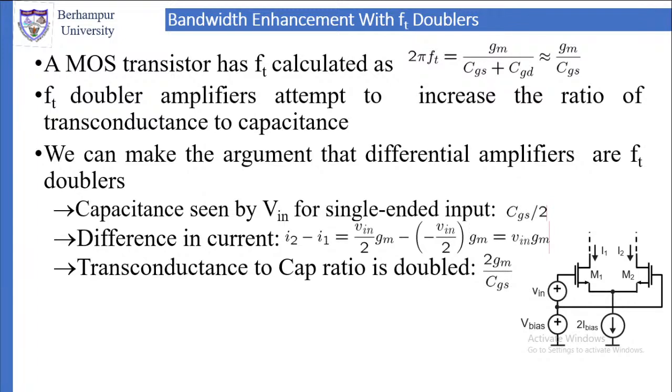Now, we make the argument with a differential amplifier. Look at the figure. The figure gives you a differential amplifier. Two amplifiers, M1 and M2, are connected in difference mode. They are not in series. You can see the output of amplifier 1 is not going to the input of amplifier 2.